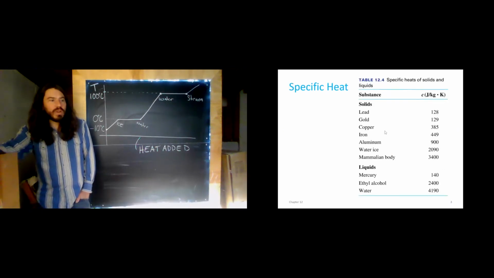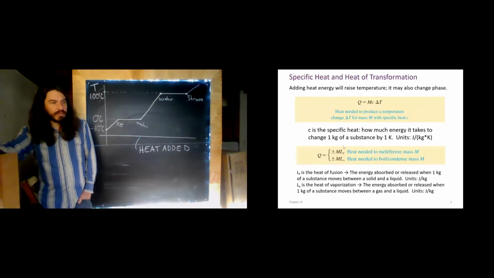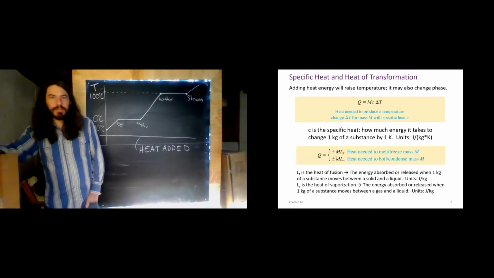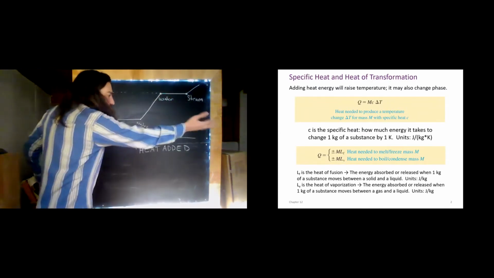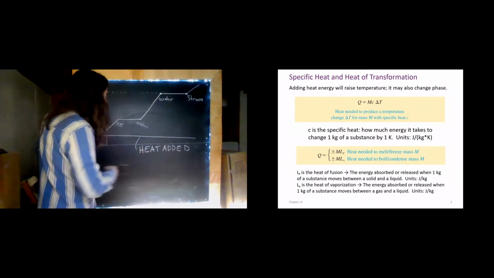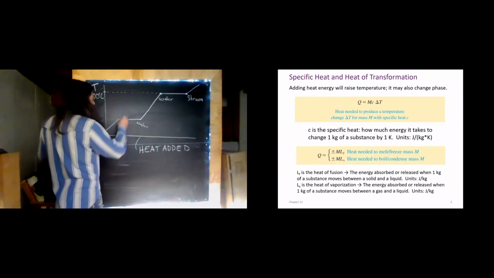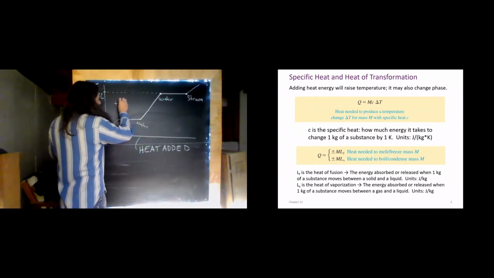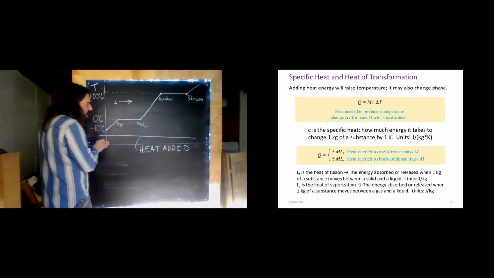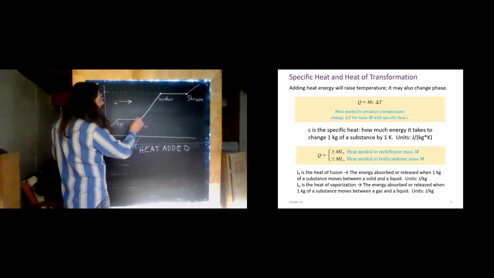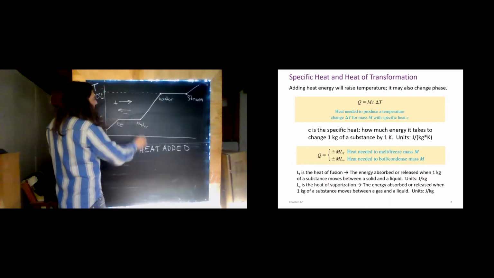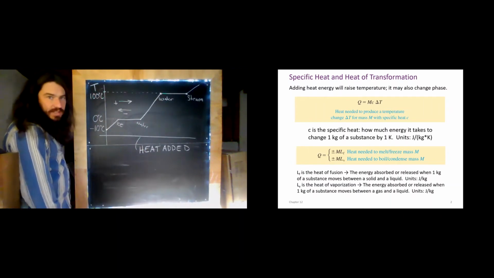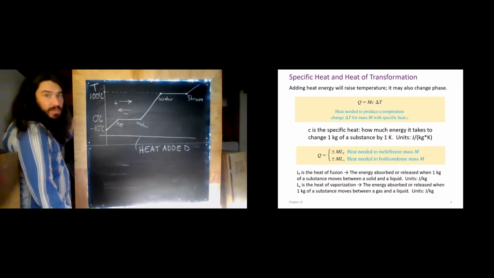Okay, so we've got these equations right here. Notice they're plus minus. If we're moving this way on the graph, then we'll use plus. So everything in this direction, we use plus. In other words, if I'm adding energy, we use plus. If I'm taking energy away, we would use minus. That's what those plus and minus mean.